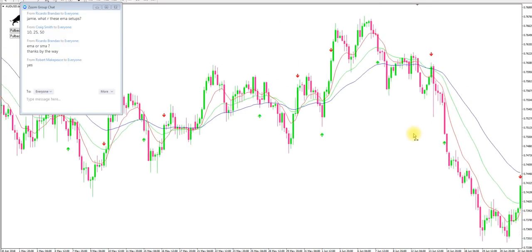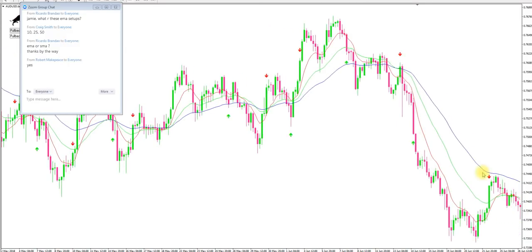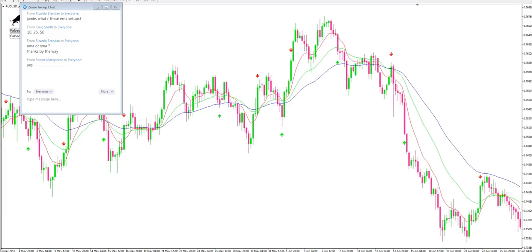Can you see a nice setup like here? Because this is the 4-hour, you've got hours to wait for these setups to happen. You're not going to miss this trade in a hurry. See the market trend down, pulls back, trends down again. This is what I want you to focus on next week.